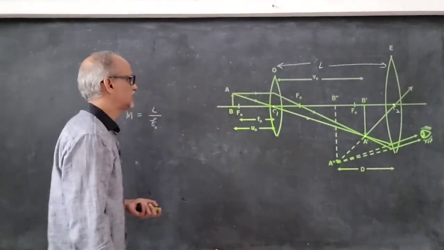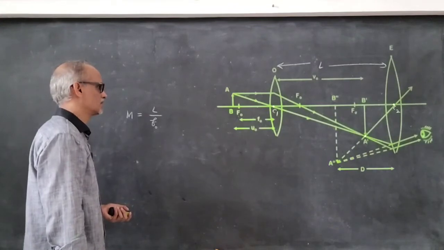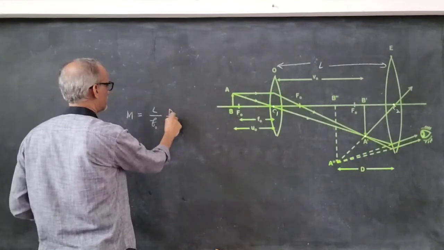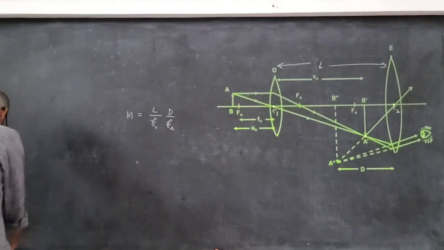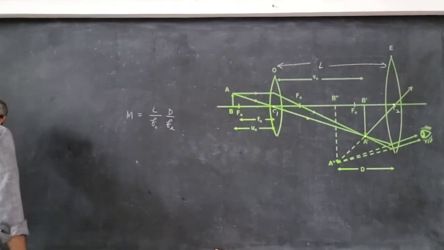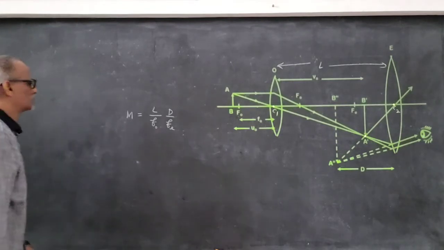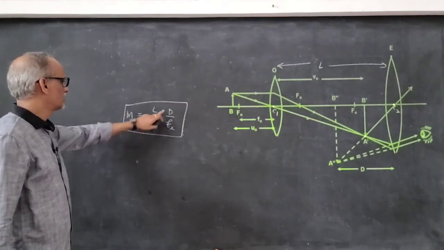L is the distance between the objective and the eyepiece, and then D by F E. So let me check the equation. Yes, fine. So this is the magnification: M is equal to L by F O times D by F E.